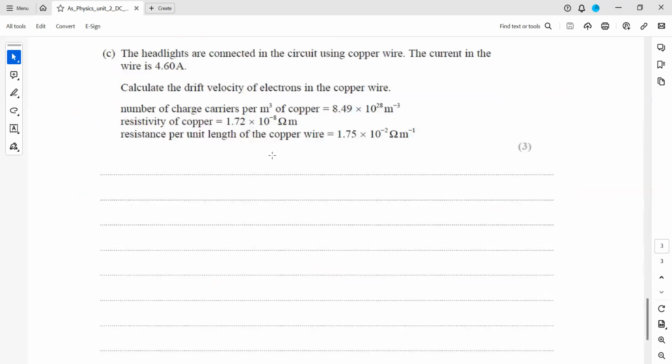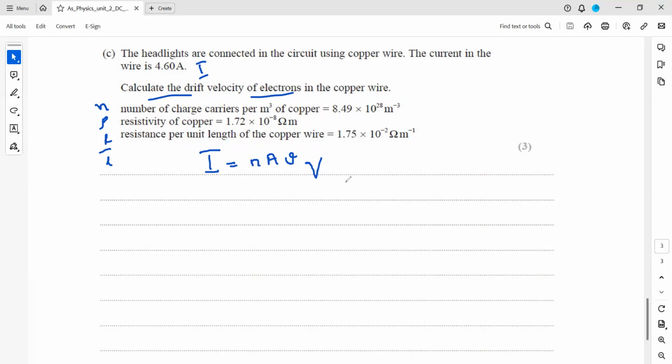Then the headlights are connected in series using a copper wire. Calculate the drift speed of electrons in the copper wire, given the number of charge carriers and the resistivity. So we have the formula, the transport equation, I equals nAvQ. Here R is the resistance, I is the current, and n is the charge density, which is given. The resistivity is given, and resistance per unit length is given, and the current is also given.